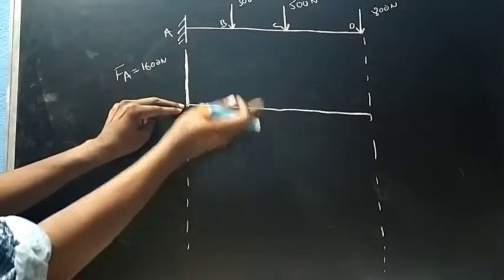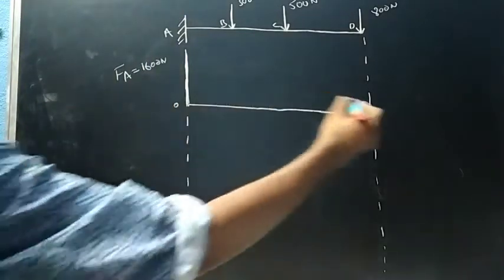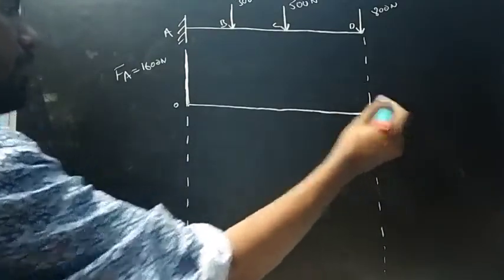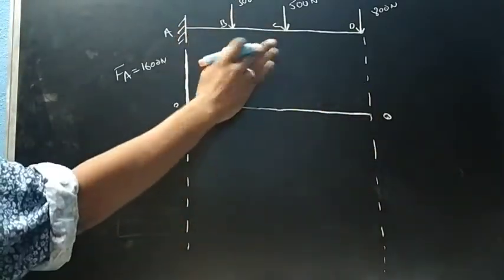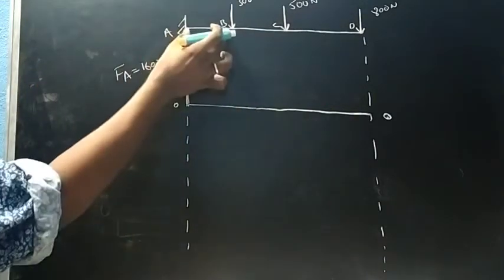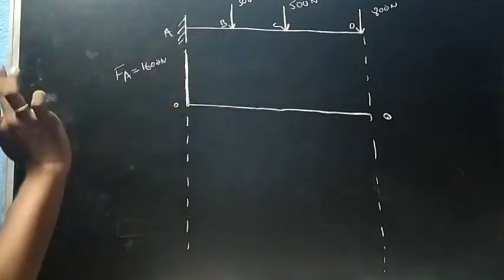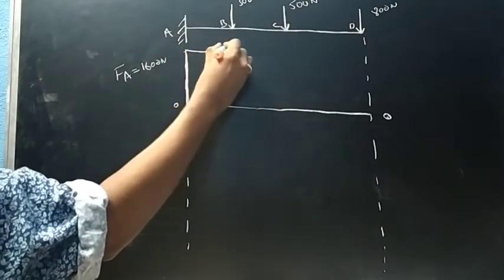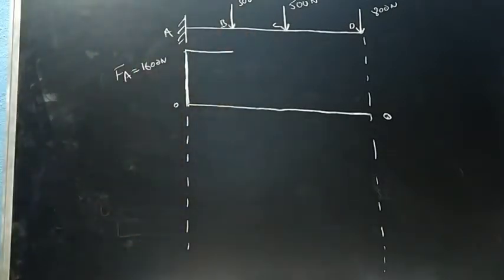That's why I'm drawing above the baseline. If it is negative, we have to shift to negative, right? So 1600, there is no other load in between A and B. So that means it will continue till B.